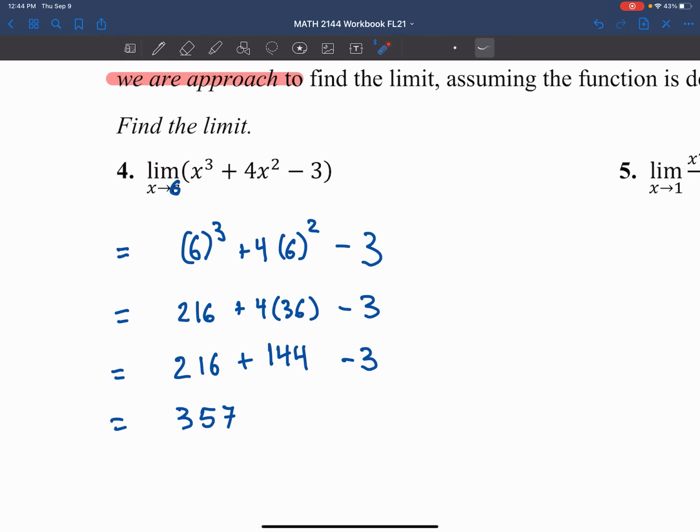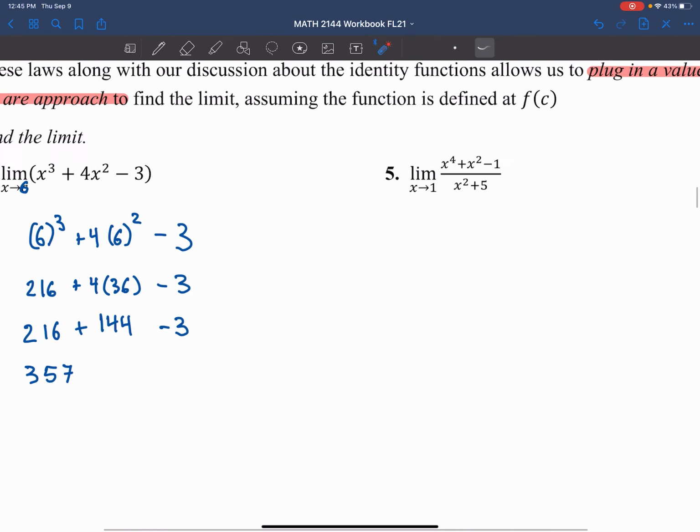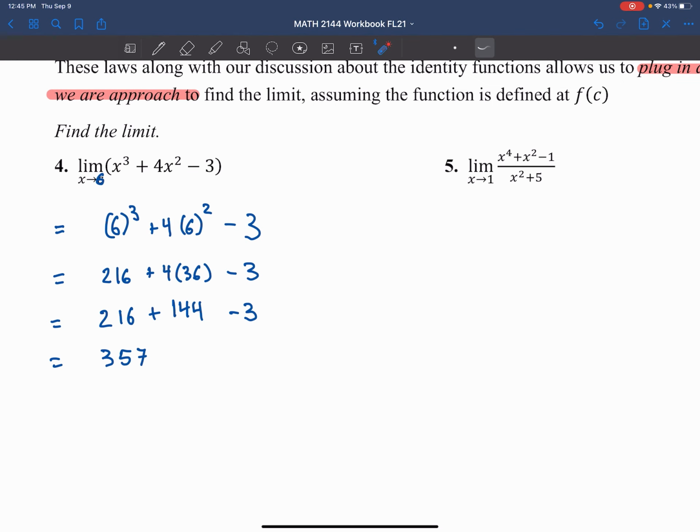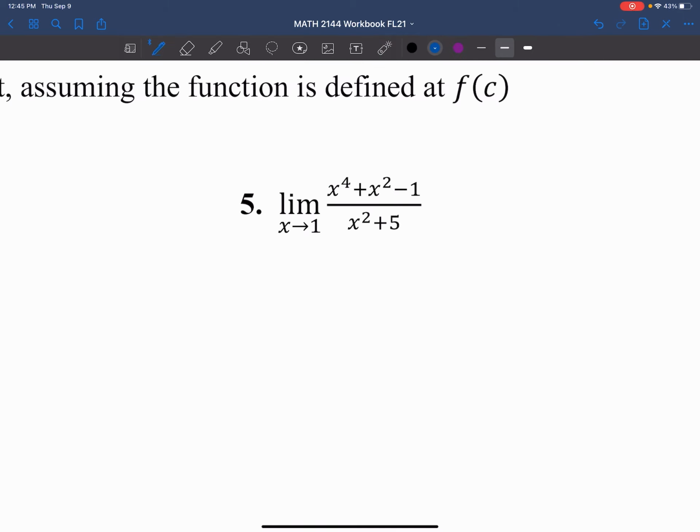So to find the limit, the first thing you'll try is just plugging in the value you're approaching. Go ahead and take a look at 5. Let me see if that idea stuck and if you can find the limit for number 5. Plug in the value you're approaching. Yes, in this case, 1.